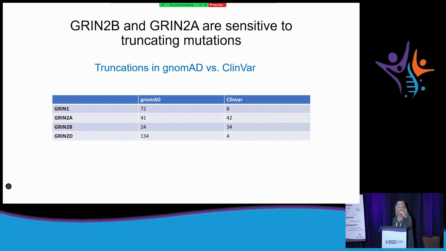So GRIN1 and GRIN2D seem to be unaffected by dosage, or at least at the level of this type of analysis. 2A and 2B are the opposite. You find many, many affected individuals that have truncating mutations.